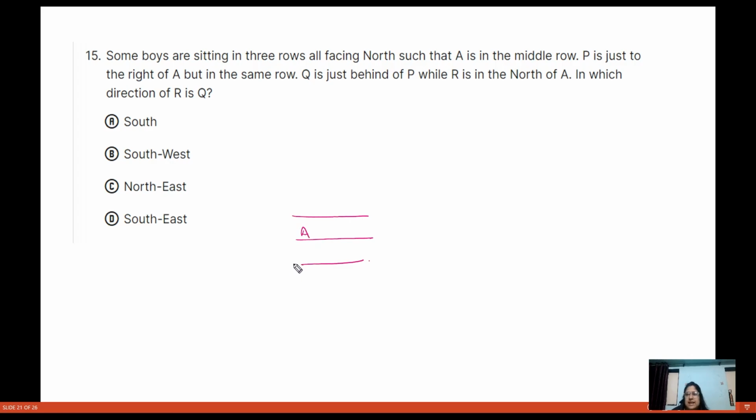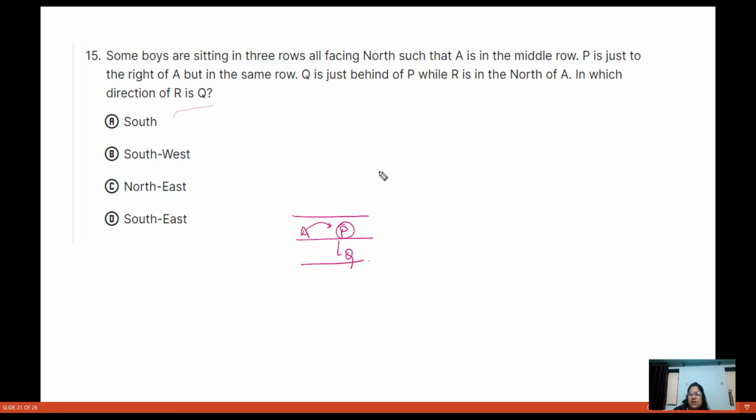So let's place A here. P is just to the right of A, but in the same row. So if we place A here, P is just to the right of A, here in the same row. Q is just behind P, so Q is here.